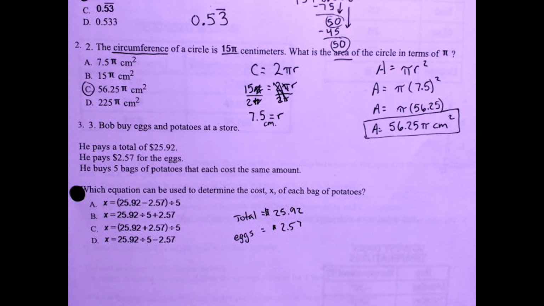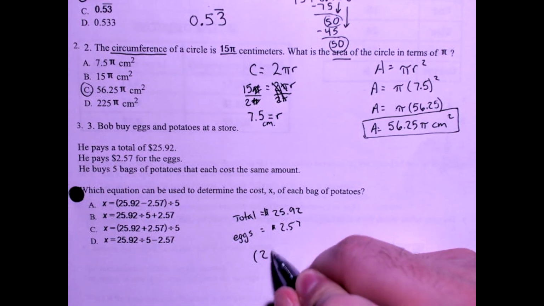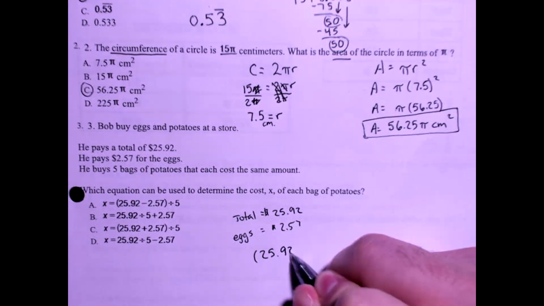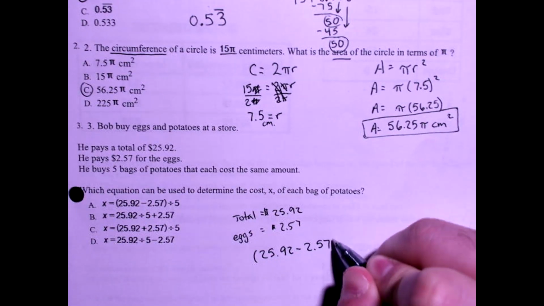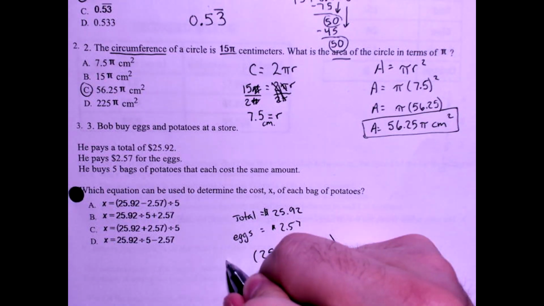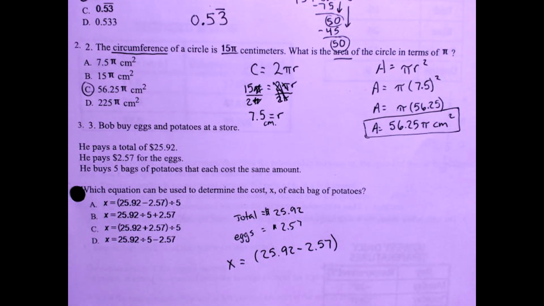We're concerned with the price of these bags of potatoes, right? That being said, if I want to figure out how much money we spent on the potatoes, and I know the total, and I know the price of the eggs, I can use subtraction to figure out what my price of my bag of potatoes are.